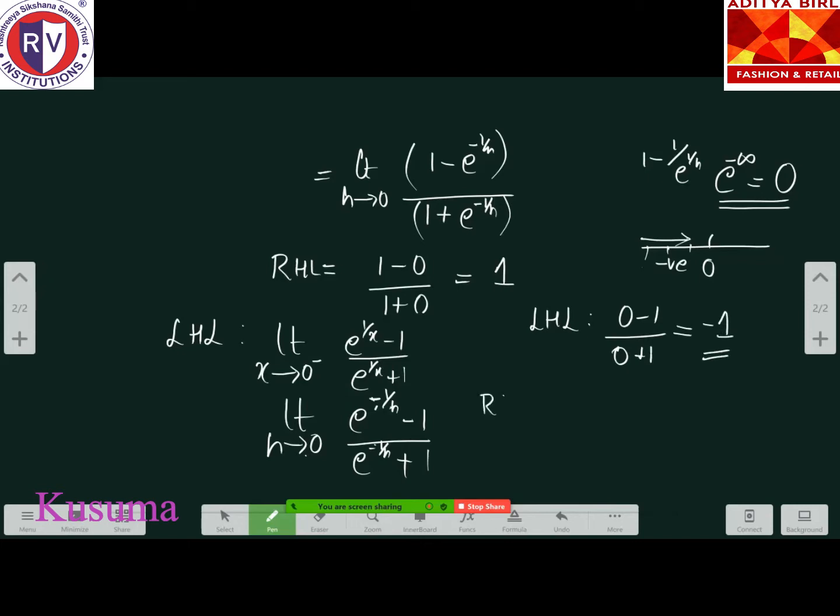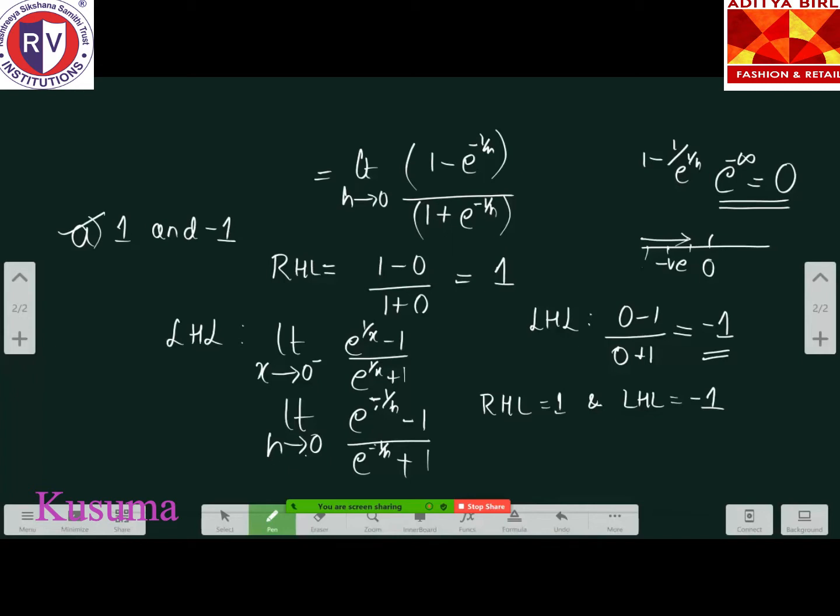So we got RHL as 1 and LHL as minus 1. Therefore, which was the right option? Option A, isn't it? Option A was given to be 1 and minus 1. Option A is the right answer.